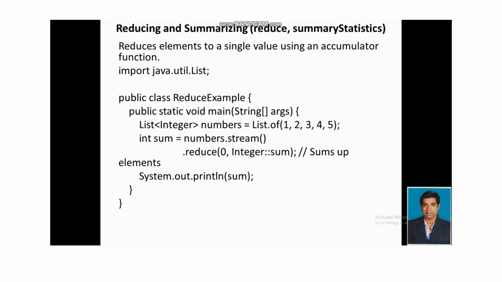Inside the main method, a List of Integer type, and the list name is numbers equals List.of(1, 2, 3, 5). int sum equals numbers.stream(), just the numbers list is created as a stream, .reduce(0, Integer::sum) of the elements, and System.out.println just prints the result sum value.